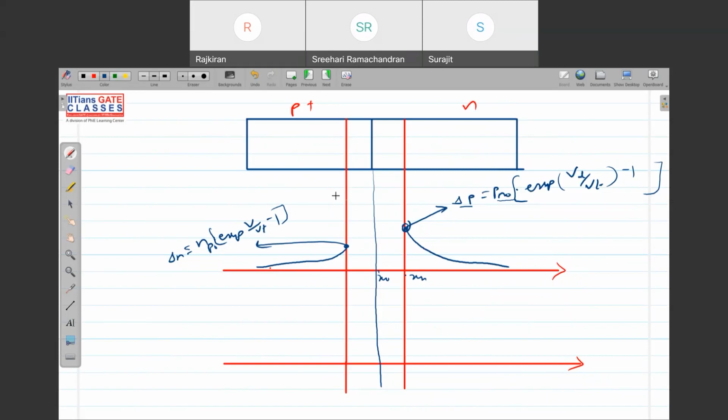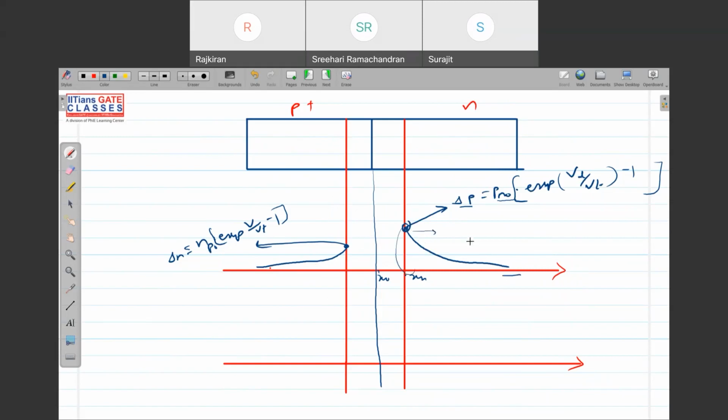So what I'm telling is, in forward bias the holes will be injected from P side to N side, and the electrons will be injected from N side to P side, and it will follow an exponential. After injection, they will diffuse, because the concentration is higher here compared to the other end.